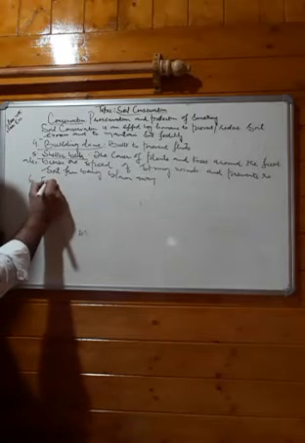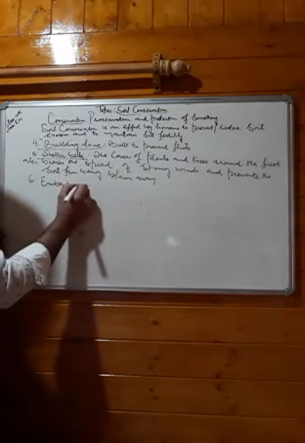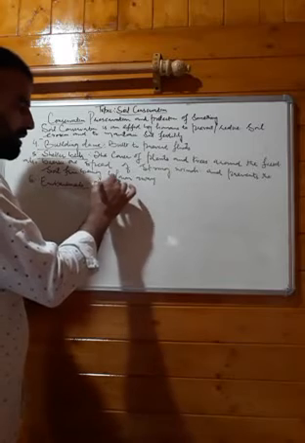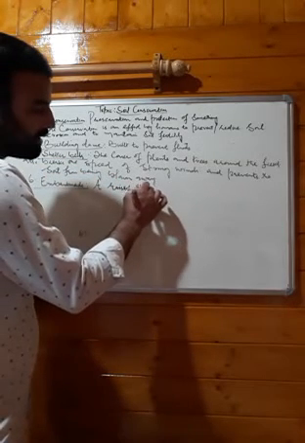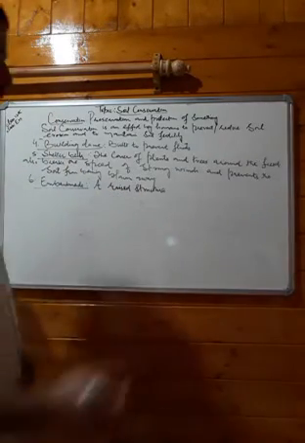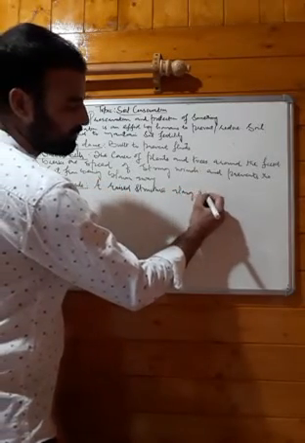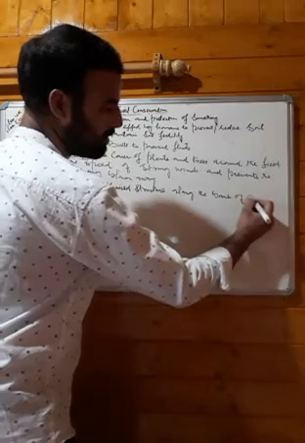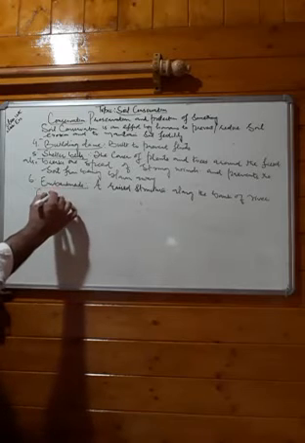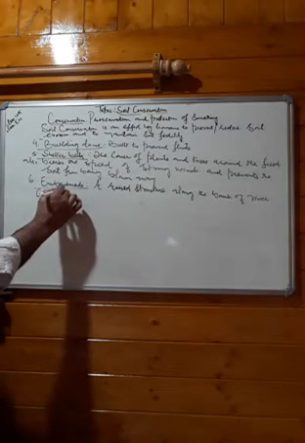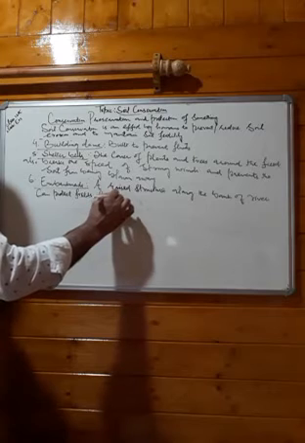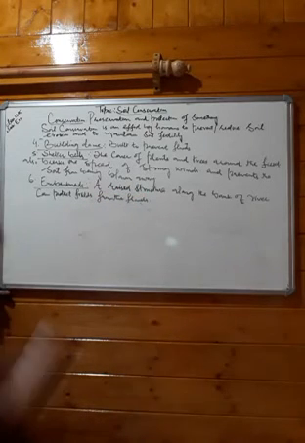Number six is embankments. Embankments are raised structures along the bank of a river that can protect fields from floods.